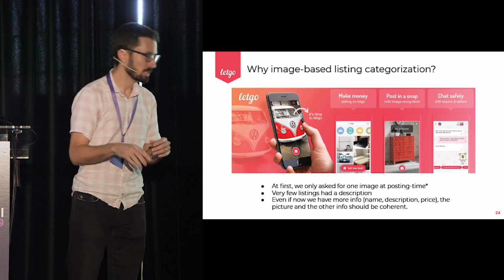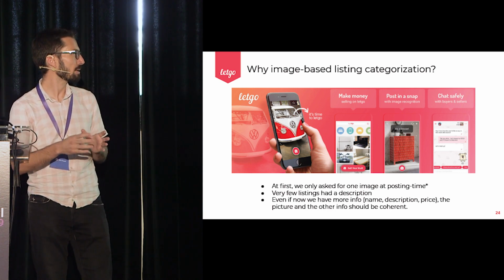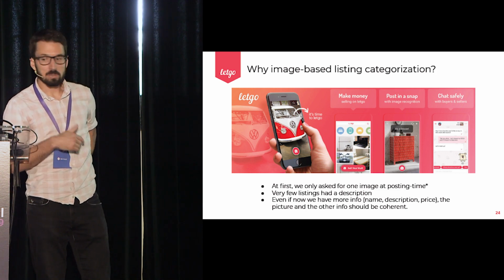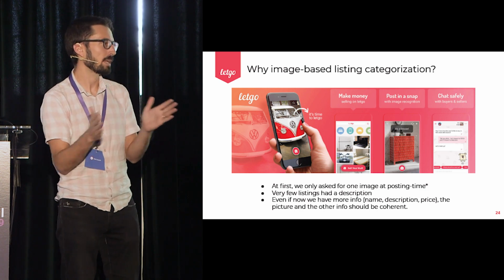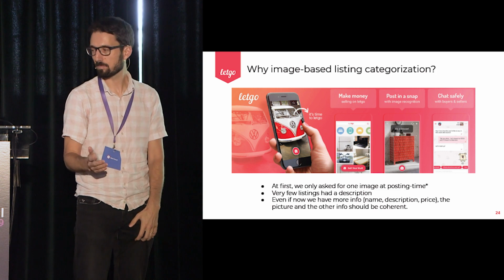The other reason, which is more relevant currently, where we do have more data about most of our listings, is that even if you do have more info, sometimes you want to check whether the information in the text and the image actually match, right? Because it's one way to detect whether the users are trying to trick you.